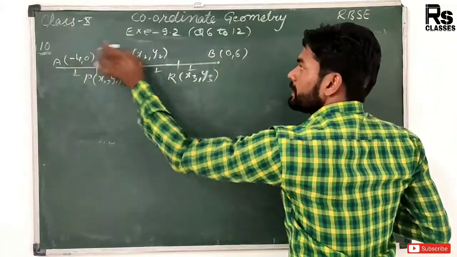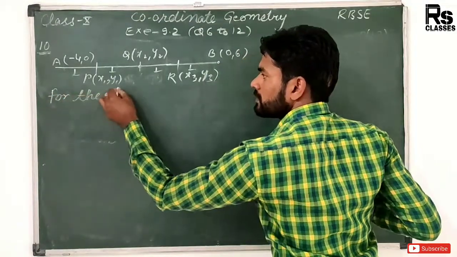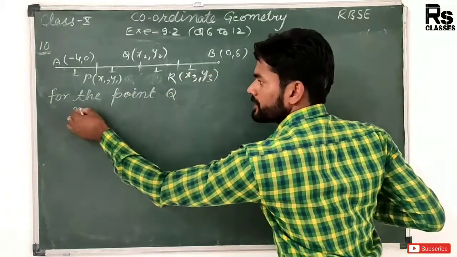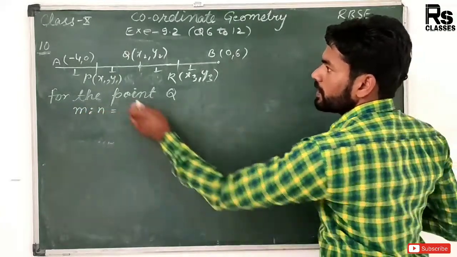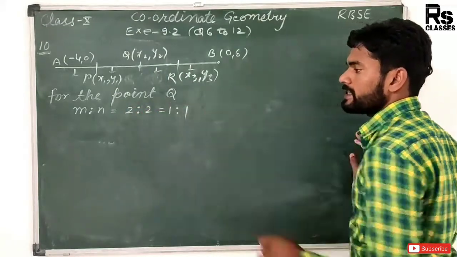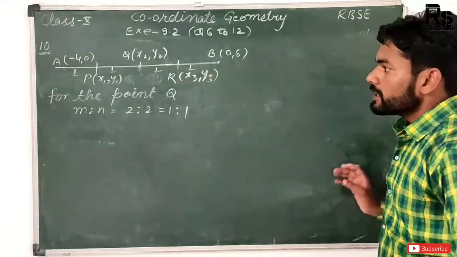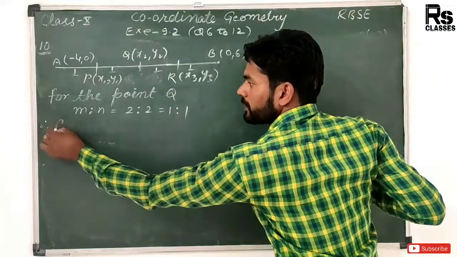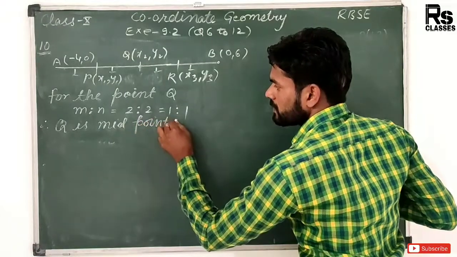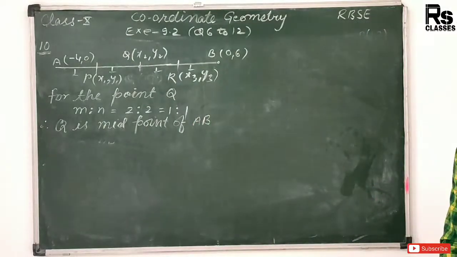So for the point Q, the ratio m:n is 2:2, which is equal to 1:1, which means 2 cancels out by 2. So both the ratios are equal, it means both sides are equal. Therefore, Q is the midpoint of AB. Clear? Q is the midpoint of AB.